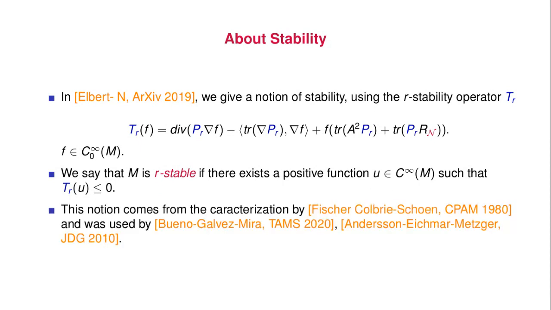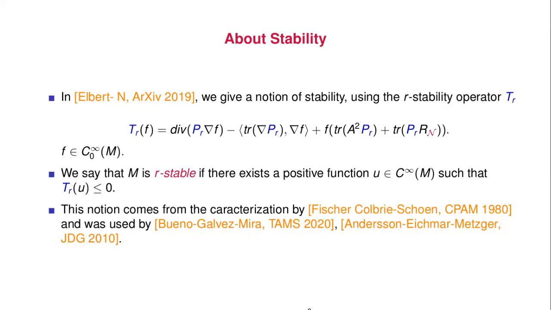This is not very, how to say, you don't need a large imagination to do this, but in fact, this was already used, and we learned it in this paper by Bueno, Gálvez, and Mira, and then we learned that it was also used for MOTS, by Anderson, Eichmair, and Metzger. I mean, it's not so new to define the stability like that.